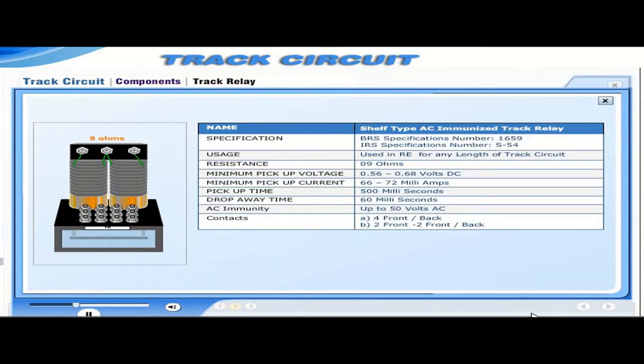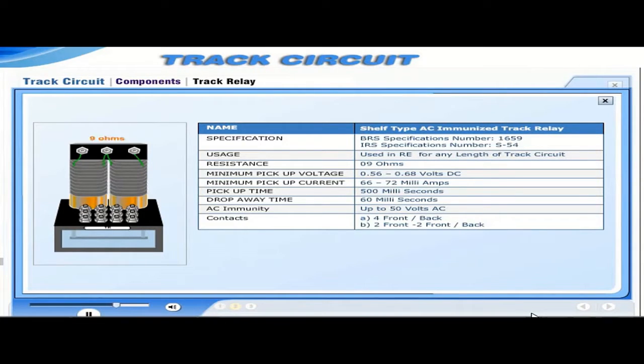Resistance is 9 ohms. Minimum pickup voltage is 0.56 to 0.68 volts DC. Minimum pickup current is 66 to 72 milliamperes. Pickup time is 500 milliseconds and drop away time is 60 milliseconds.